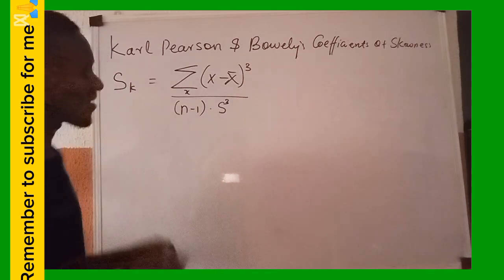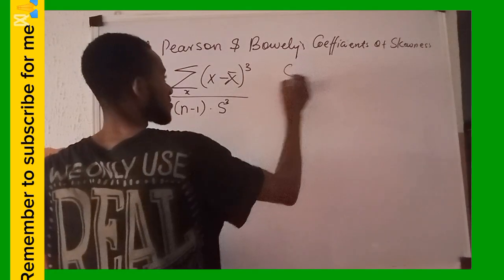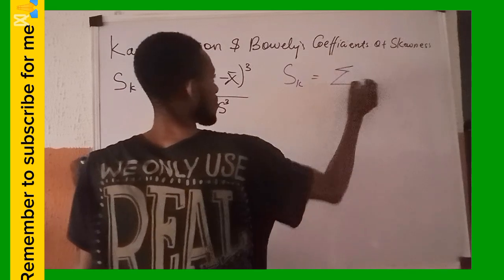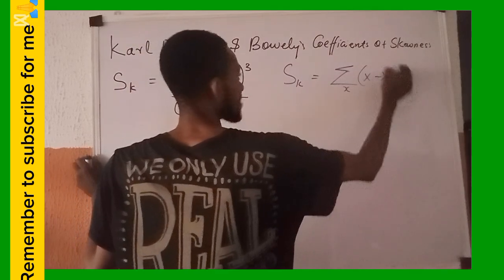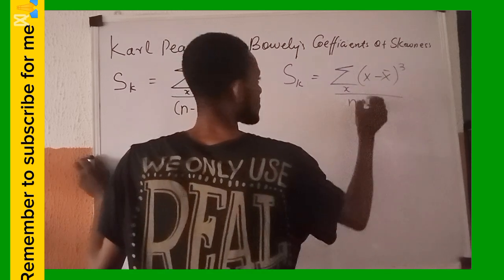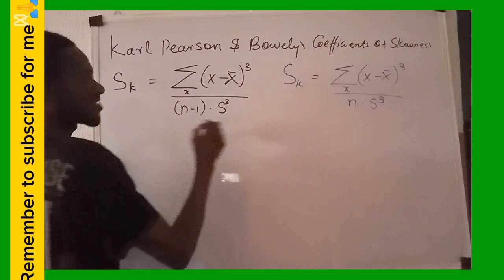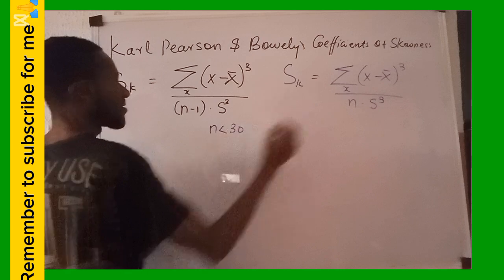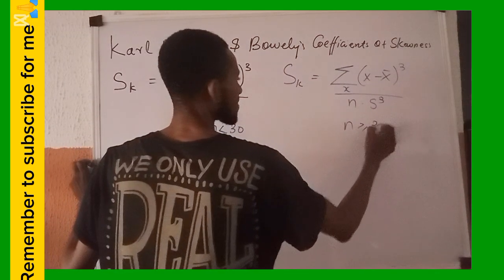That is to say, skewness S subscript K can be given as the sum over the range of x minus x bar, all raised to power 3, all over n multiplied by s raised to power 3. In the first condition, our n is strictly less than 30, but in this condition, our n is greater than or equal to 30.